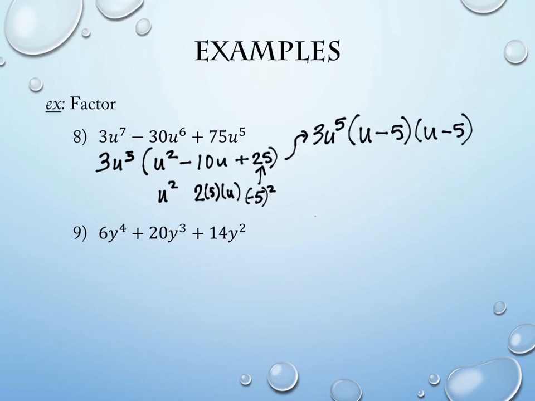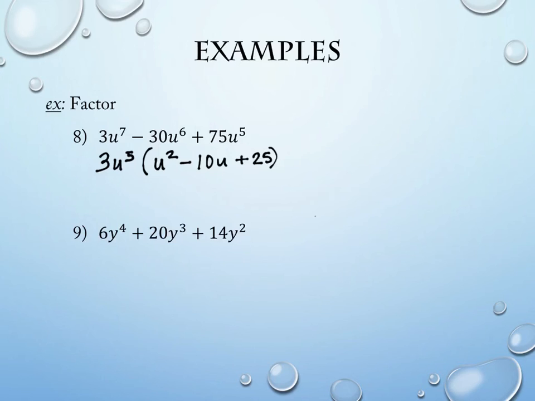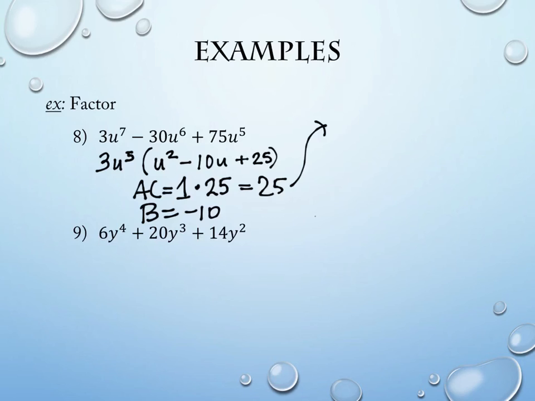So let me go back and do it now. I didn't mean trial and error, I meant AC method, sorry. Okay, so AC means I'm going to multiply A, which is 1, by C, which is 25. That's 25. And then B is negative 10. So 25 is either 1 and 25 or 5 and 5.